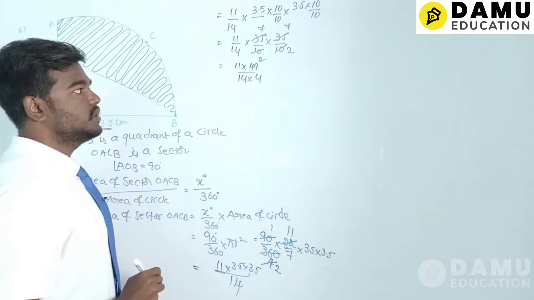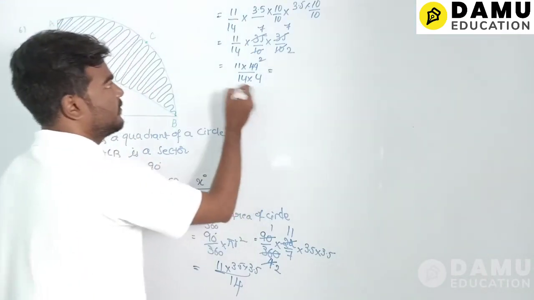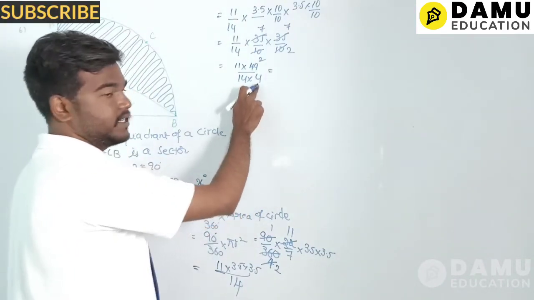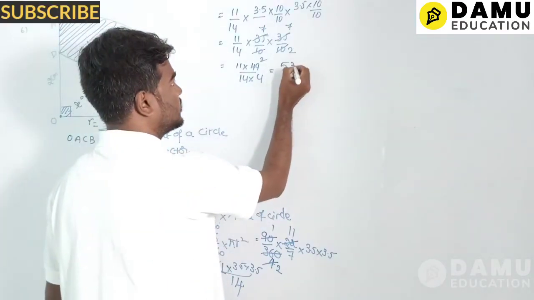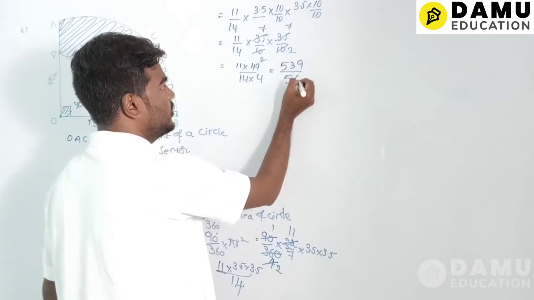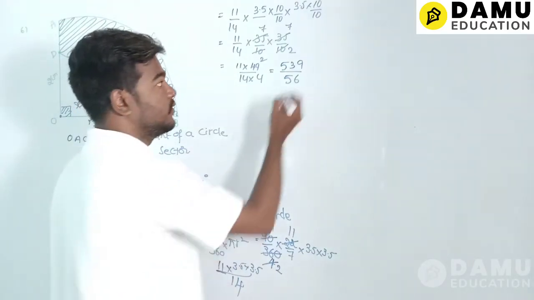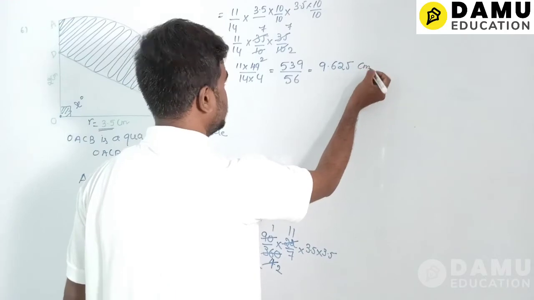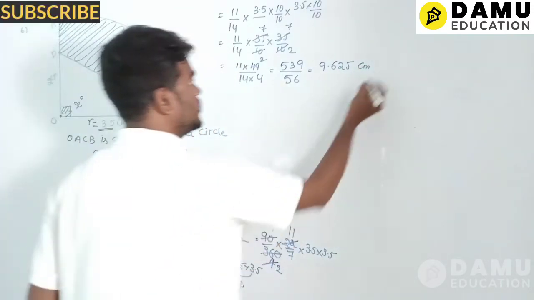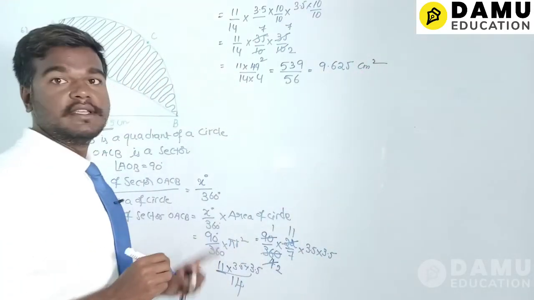So 11 into 49 by 14 into 4. 11 into 49 we get 539 by 56. If you cancel it, we get 9.625. We calculated in centimeters, so 9.625 centimeter square.